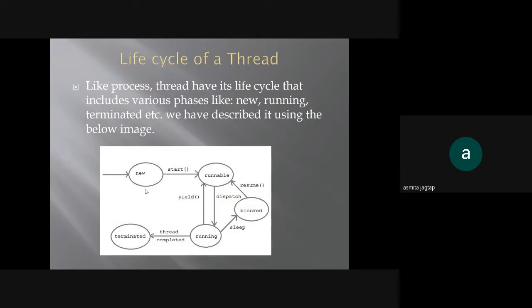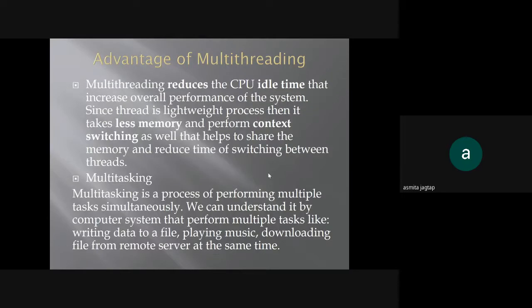To overcome this type of problem, we broke these into independent sub processes, meaning we divided these processes into sub processes, and these sub processes are nothing but your threads. Because of this, we achieve efficiency, we achieve the performance of the system.